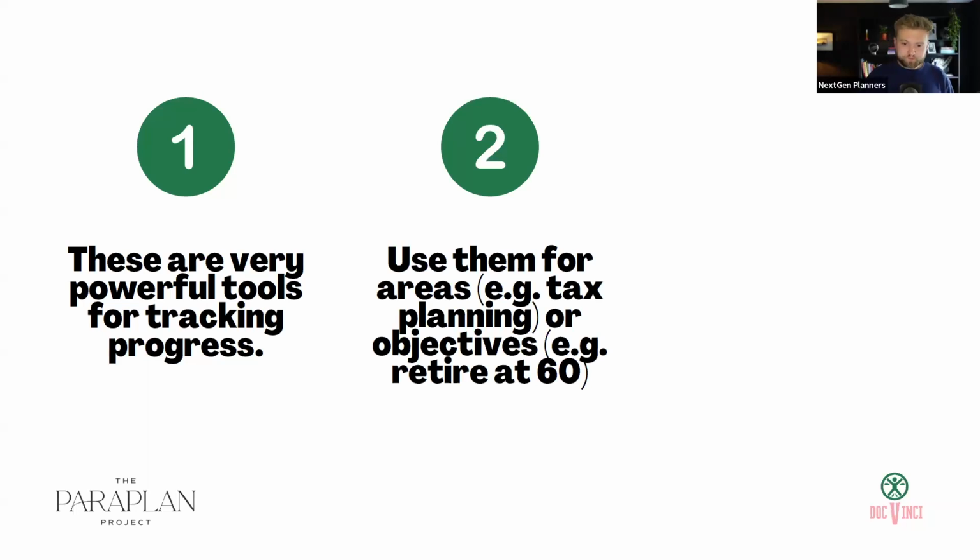So for example, some people use them for things like tax planning, retirement planning, investments, like you can see on that example I've just shared with you there. Some people use them for objectives. I've seen some people have the objective of, for example, retire at 60, or the one I always give, everybody's probably heard it, buying a camper van when they're age 65 or something like that. You can literally say you're on track to do these kinds of things.